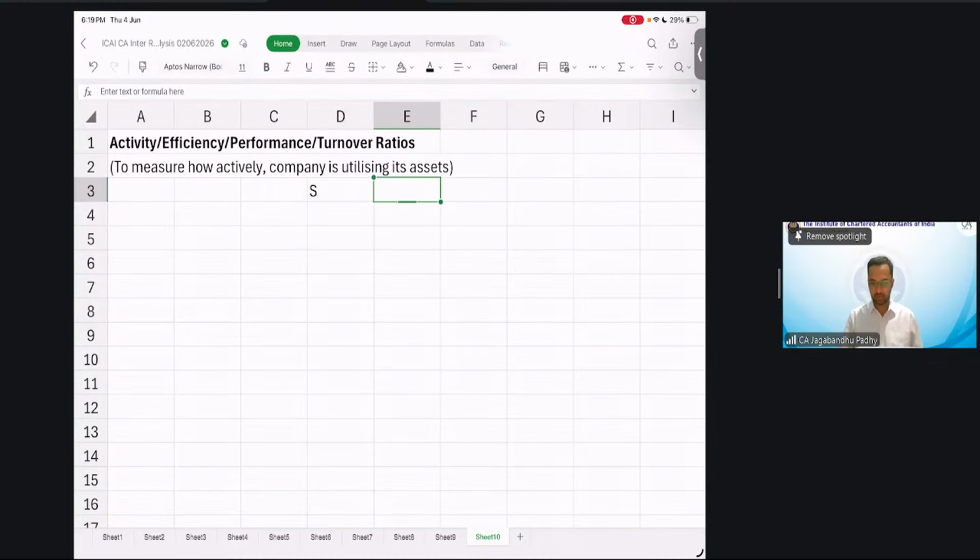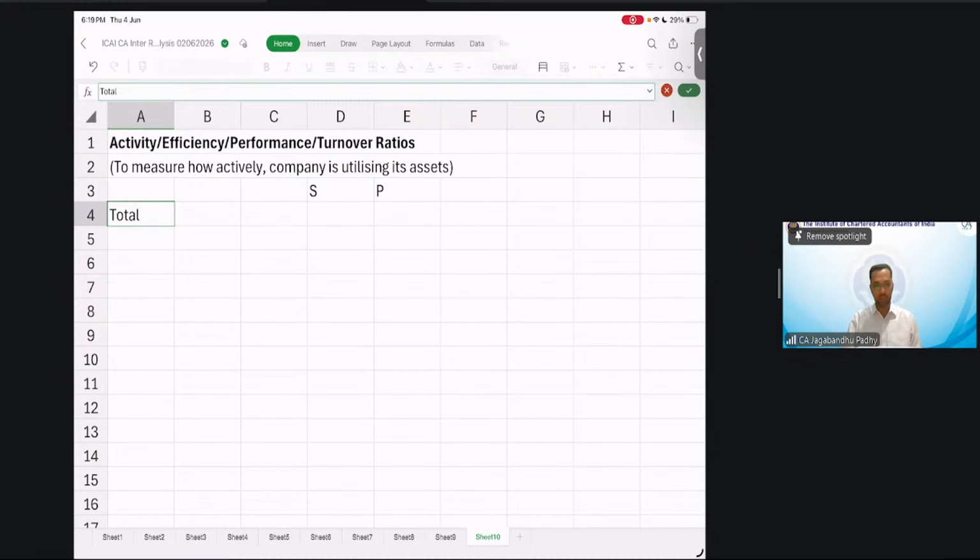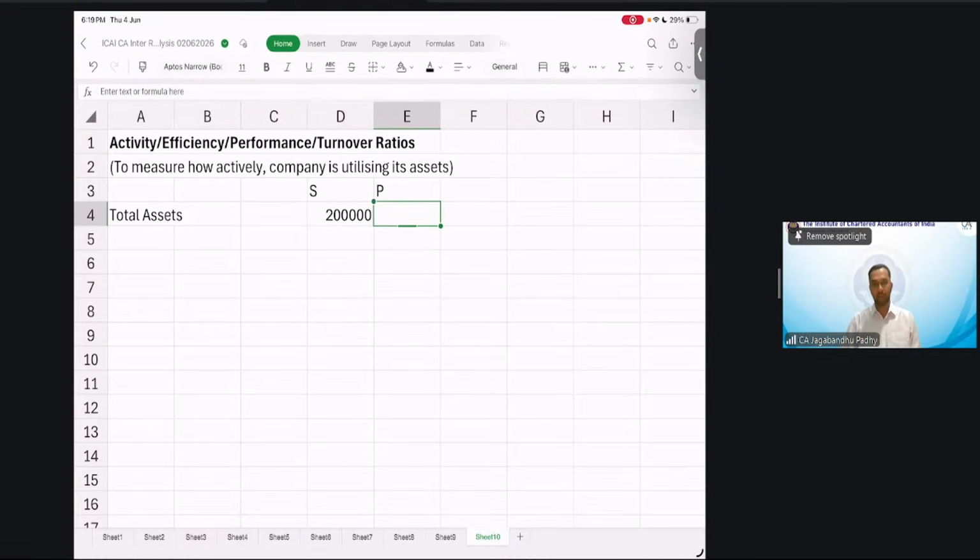So we have S and P. Let's say there are 2 companies. The first company has an asset of 2 lakh. Second company is having an asset of 2,30,000.